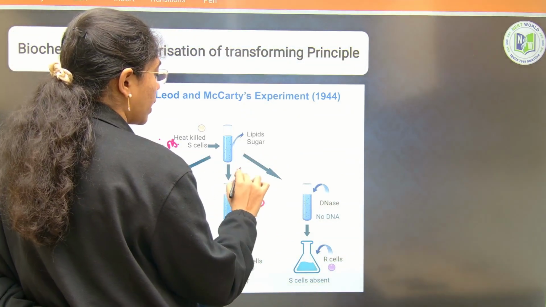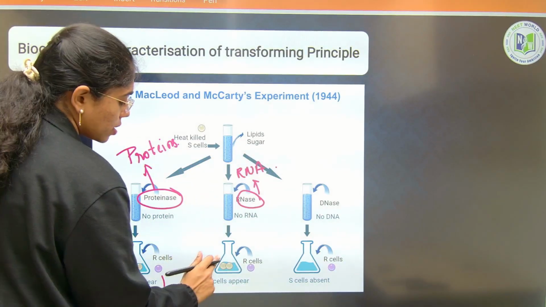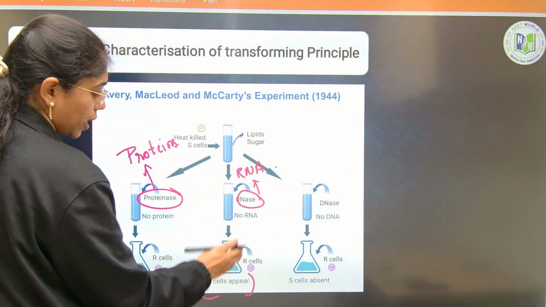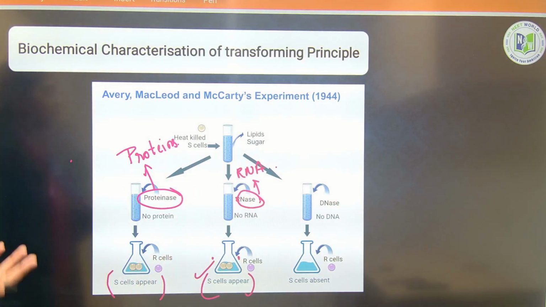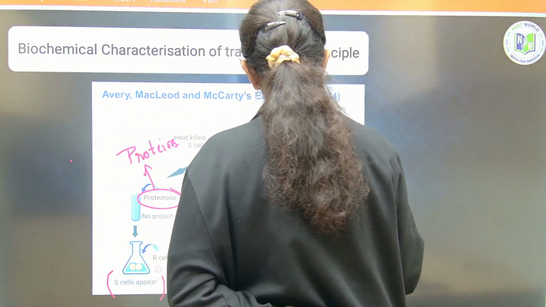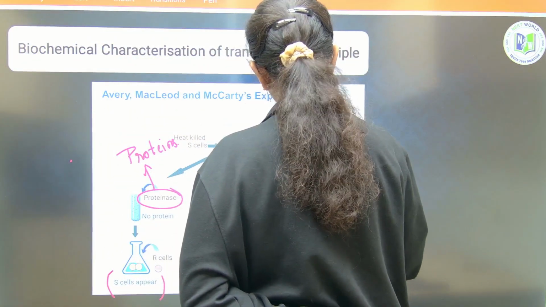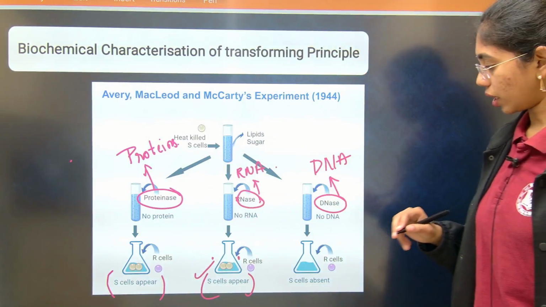RNase will degrade RNA. And here still the S cells appear even after RNase is added, because it doesn't affect the genetic material. When DNase is added in the last test tube, DNase will degrade the DNA structure.